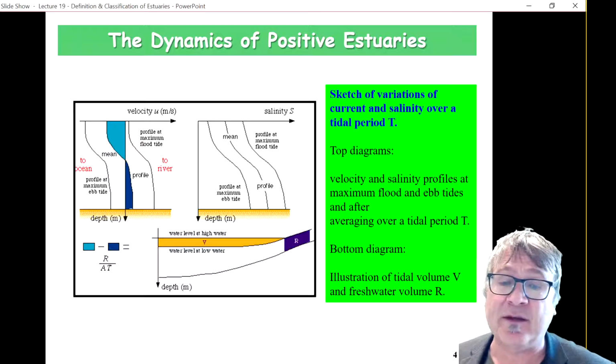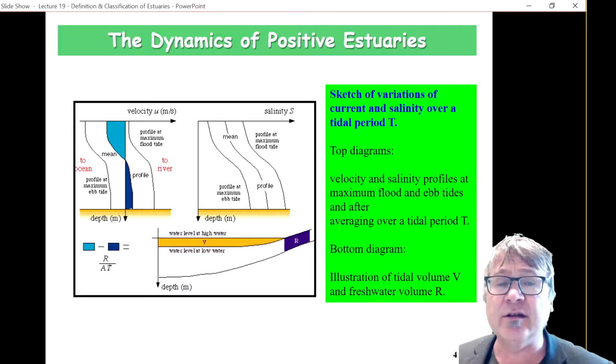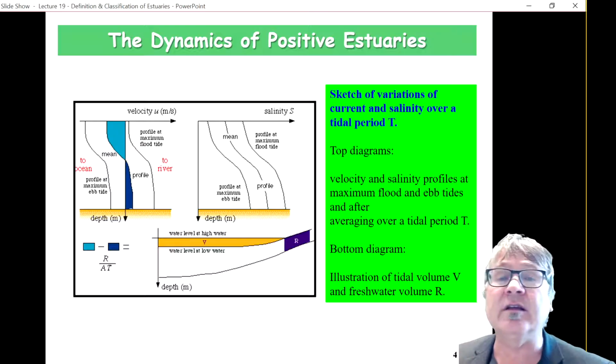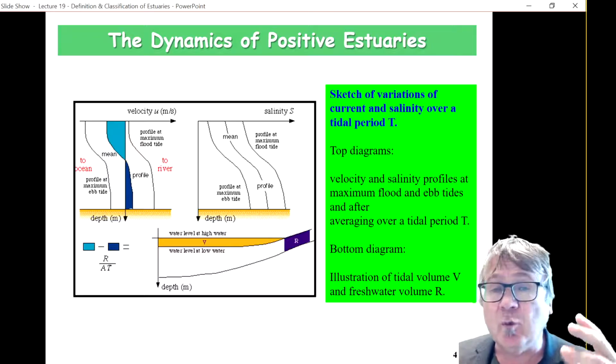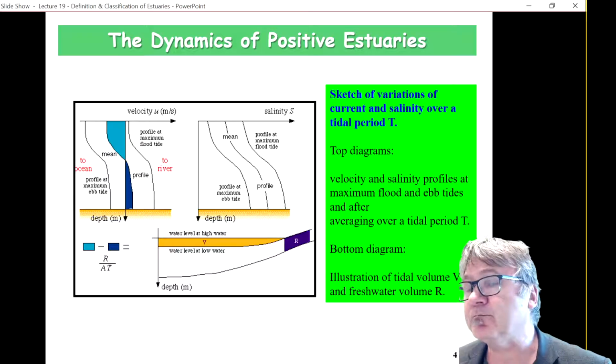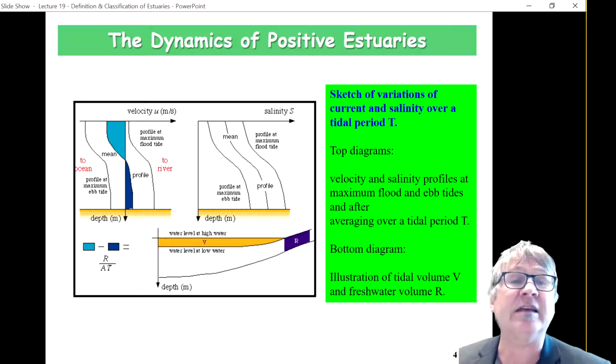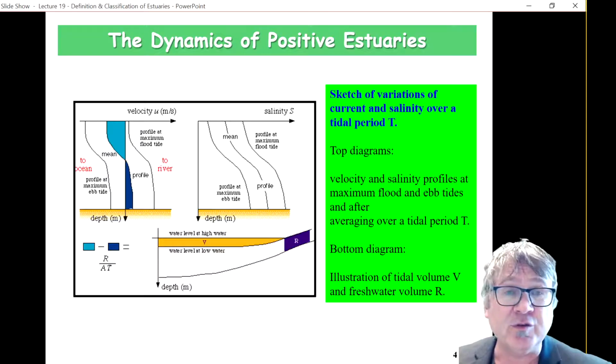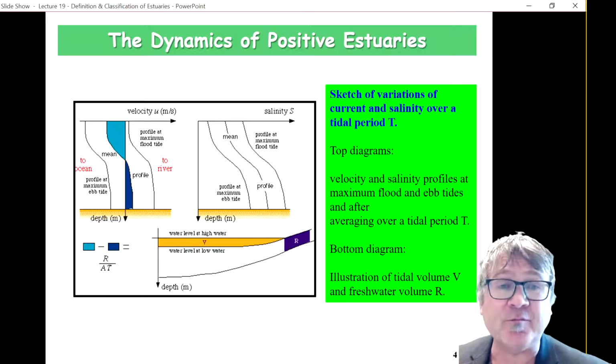You need a little bit of information. How strong are the tidal currents? Because it's the tidal currents that can, through the turbulence, weaken stratification.